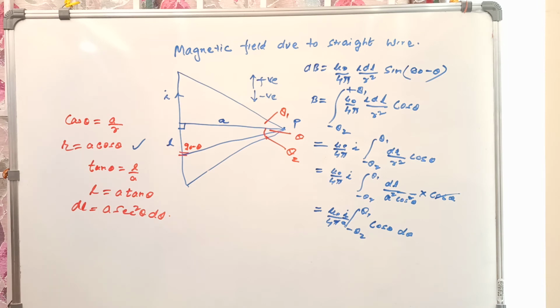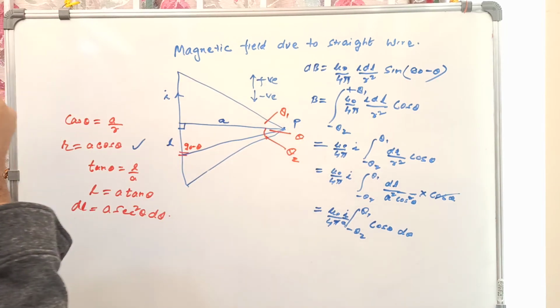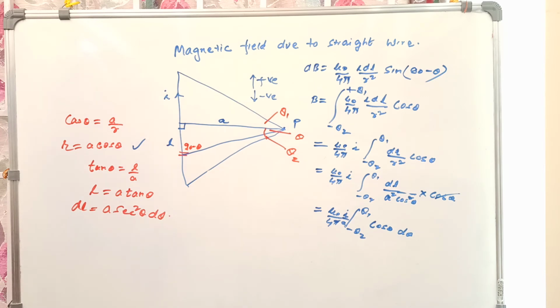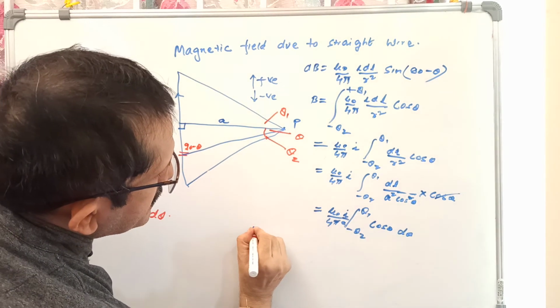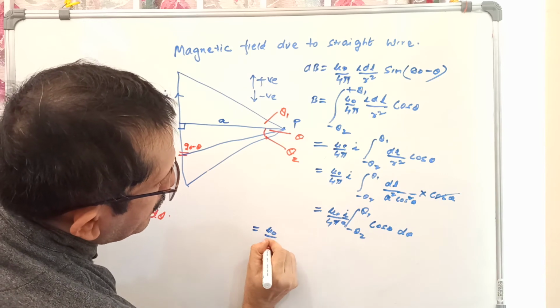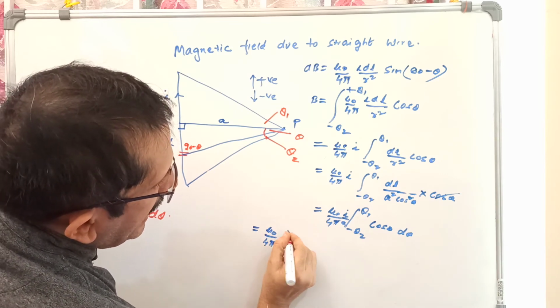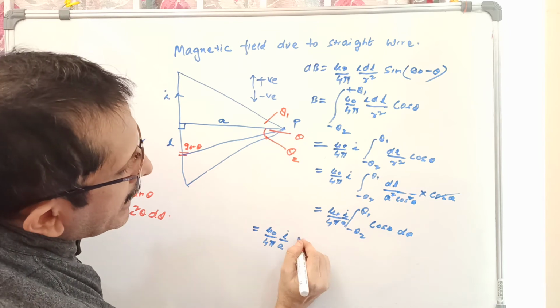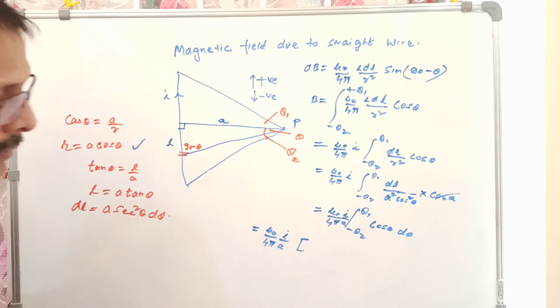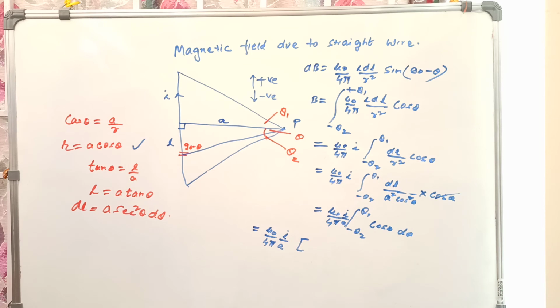Okay, so this is what we have. One of the a gets cancelled because a cos theta, yes, correct. Okay, so if I further solve it, this becomes mu naught by 4 pi I by a, and this becomes cos theta. If I take integration of cos theta, what would that be?